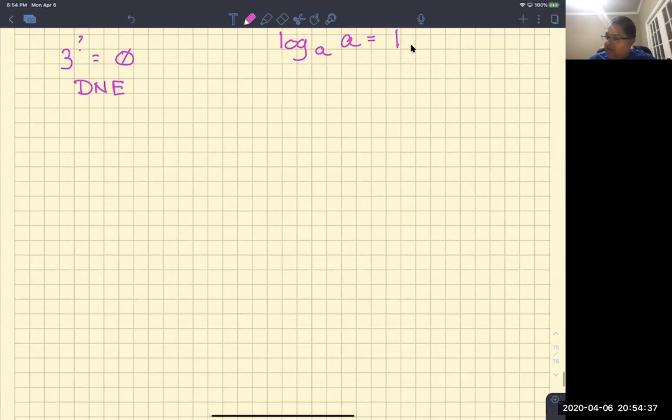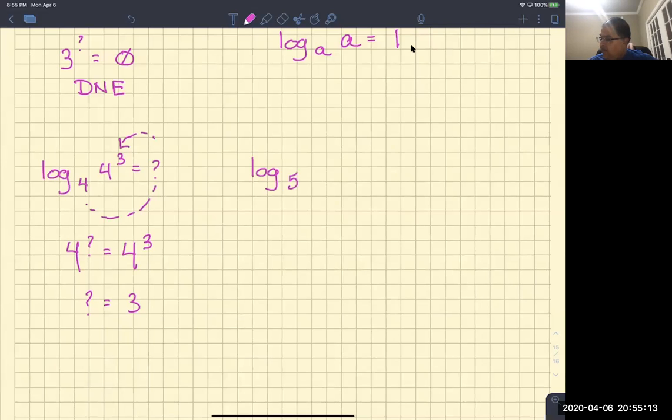I've got one more property, but I'm going to show it to you through examples. Log base 4 of 4 cubed. So 4 to what exponent gives me 4 cubed? Well, obviously it's 3. Let's do another one. Log base 5 of 5 to the 7th power.